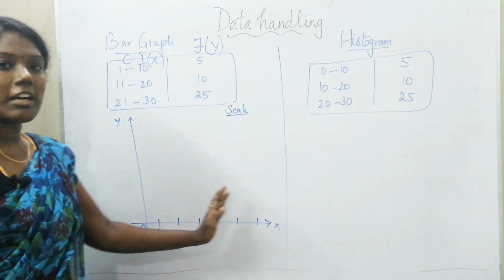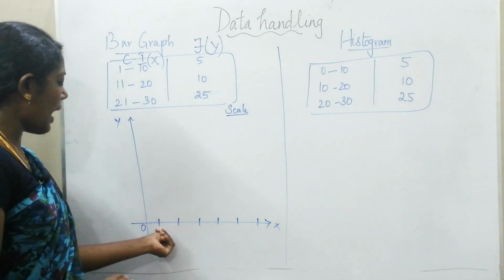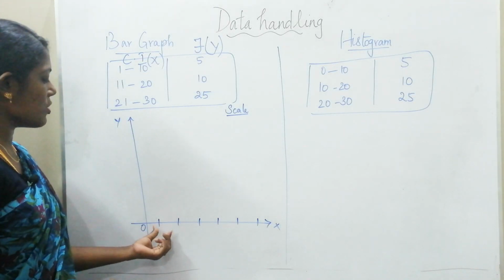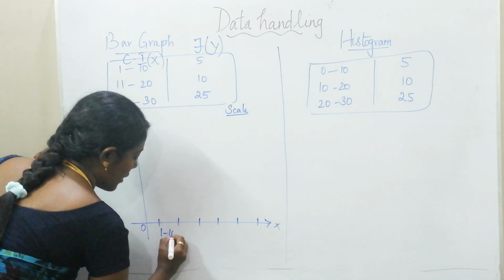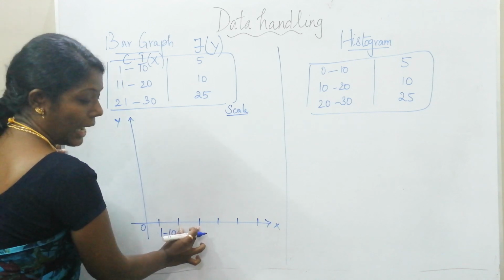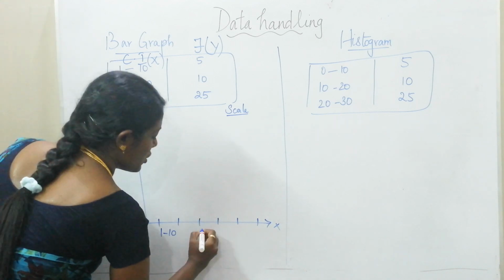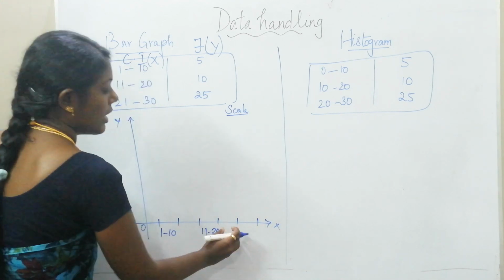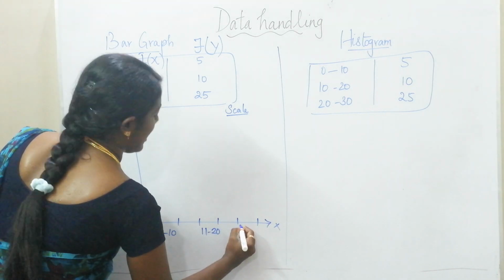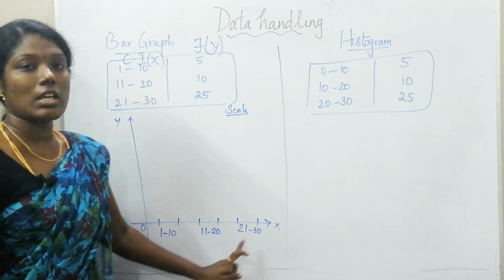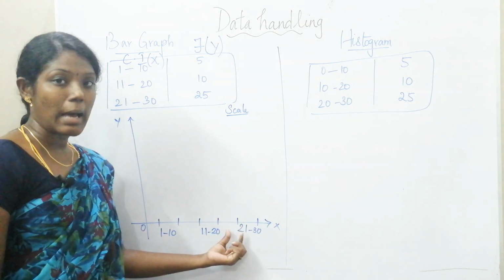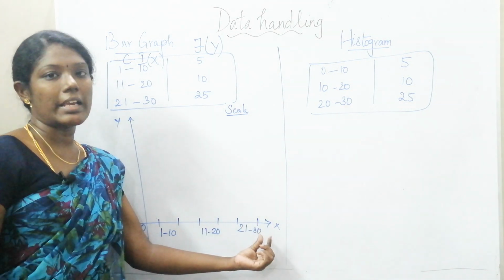On the graph paper I can see that I have checked boxes. So one box I take for one class interval. The first box I take for 1 to 10. I leave a gap of one box. For the second box I take 11 to 20. Again I leave a gap and then I go for 21 to 30. So I've written my class intervals with a 1 centimeter gap on the x-axis.